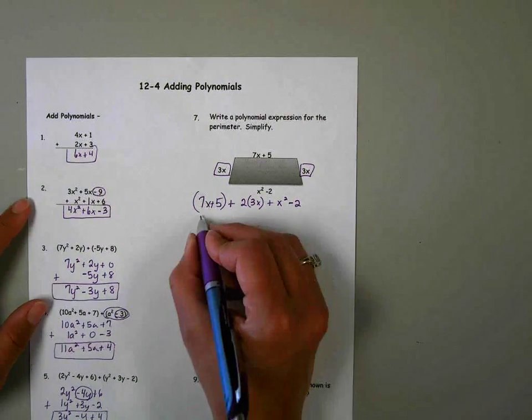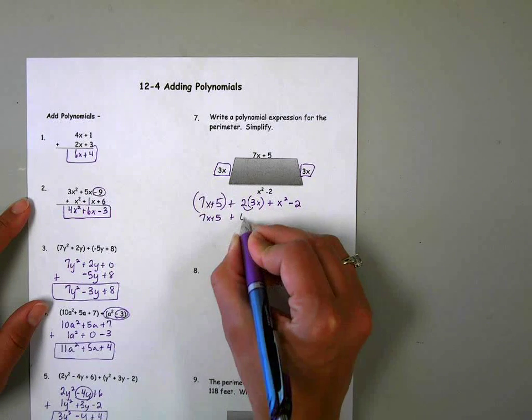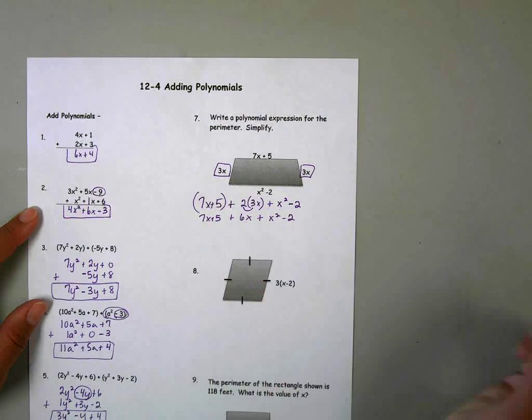So I'm going to go ahead and use the distributive property. This is 6x plus x squared minus 2.